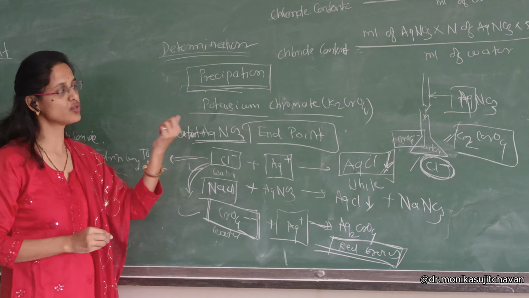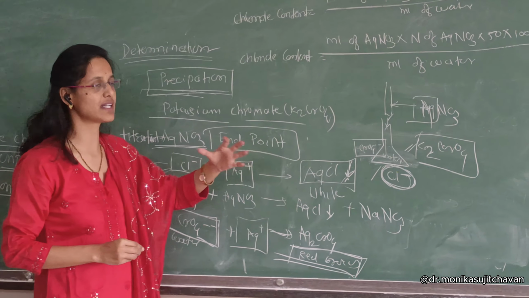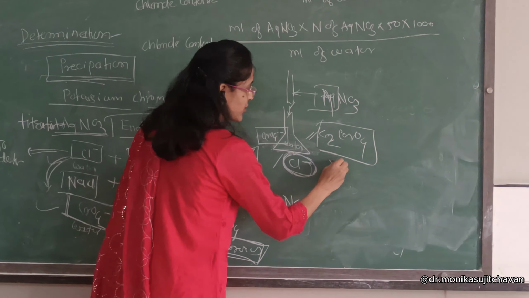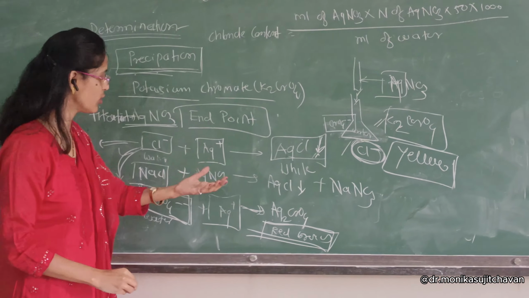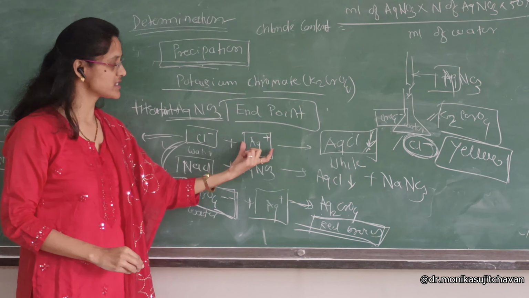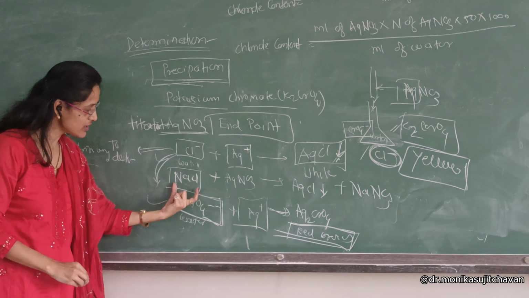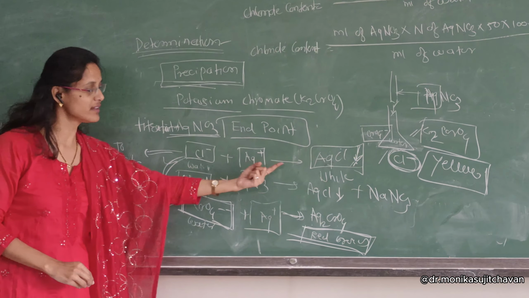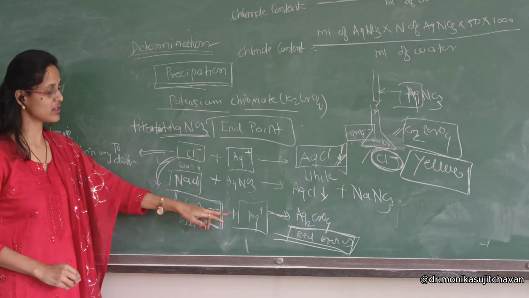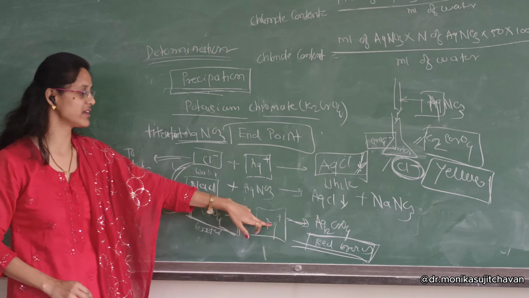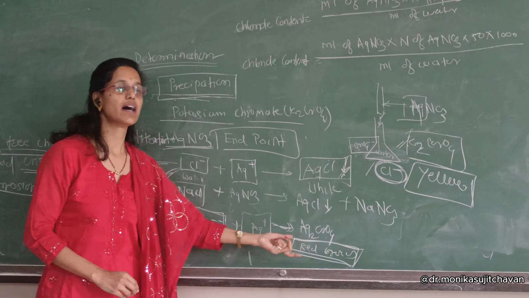When you take the water sample and add potassium chromate as an indicator, it gives a yellow color because potassium chromate acts as a self indicator. When you titrate this yellow solution with AgNO3, the white precipitate forms, and when all Cl minus is consumed, the precipitate formation stops and CrO4 minus minus combines with Ag to form Ag2CrO4, which is reddish brown.